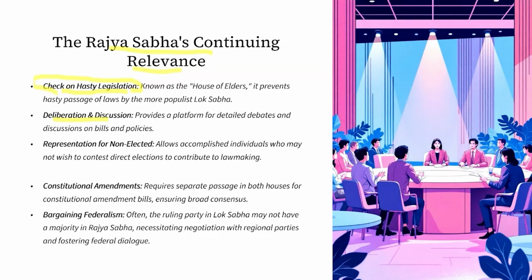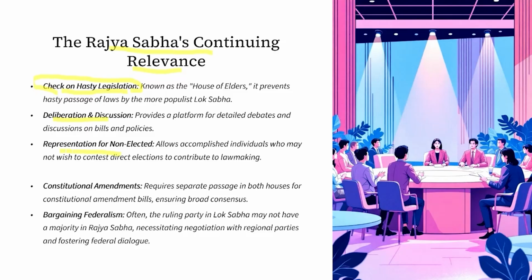Now, Rajya Sabha will also scrutinize the bill more. There will be more detailed debates and discussions in Rajya Sabha on this bill. Once these debates and discussions take place, Rajya Sabha can also suggest certain amendments to these bills. So, Rajya Sabha increases the aspect of deliberative democracy.